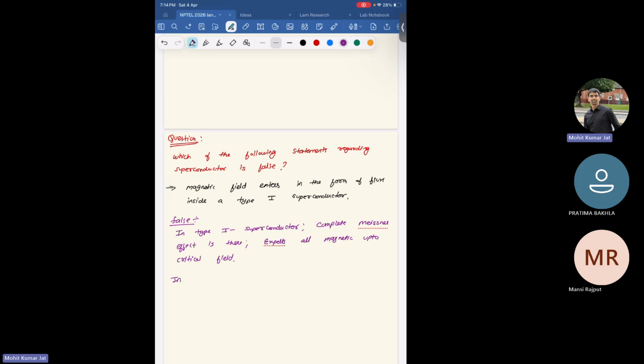But in a type 2 superconductor, magnetic flux enters in the form of quantized flux or quantized vortices. Basically, the vortices they form. So it's a quantized flux h bar by 2e, and the 2 comes because of the Cooper pair.